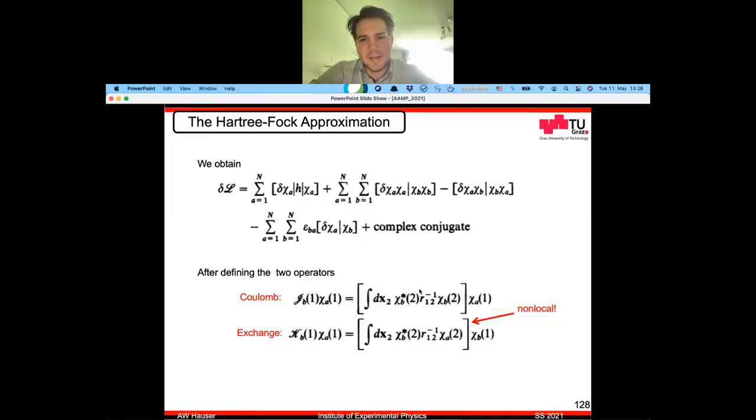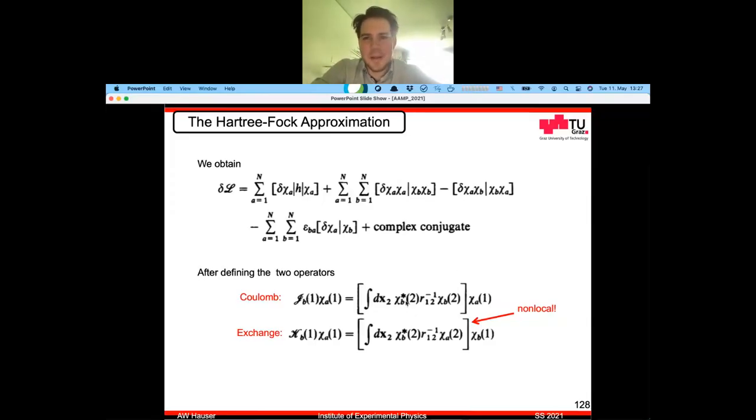You can see here, this is a direct term because B and B star here, this is simply chi B squared. So this is the interaction of an electron density described by the electron sitting in orbital B with our electron in orbital A. Okay, so I'm just introducing this as an operator by itself.